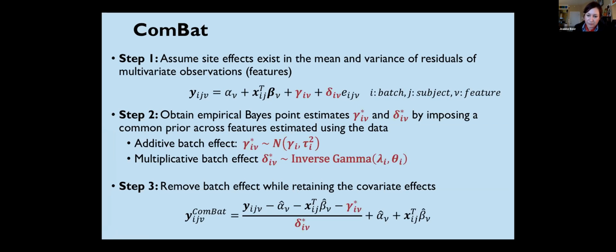There's also a non-parametric version of ComBat where you don't necessarily need to have these parametric distributions. And then this is the harmonized data at the end. So you just subtract off the additive effect and divide by the multiplicative effect, and then you're adding back the biological effects of interest.